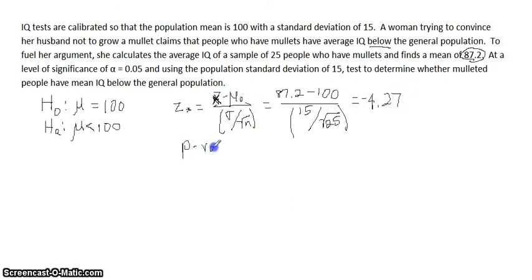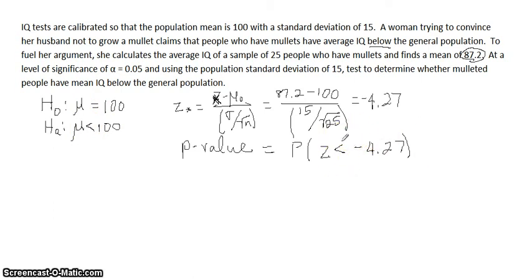And now to find the p-value, that's going to be the probability that z is less than negative 4.27. Keep in mind that the sign in the alternative hypothesis is what determines this sign here. So less than in the alternative means less than here.